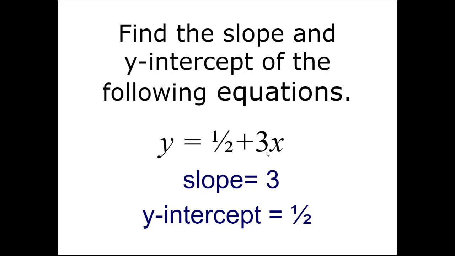Here, the slope is still 3 because it's the number that's before the x, and the y-intercept is still 1/2 because it is the constant value that is out here. It just moved the order of the terms around by using the commutative property. In statistics, you'll see it in this order. Remember, x is our independent variable and y is our dependent variable.